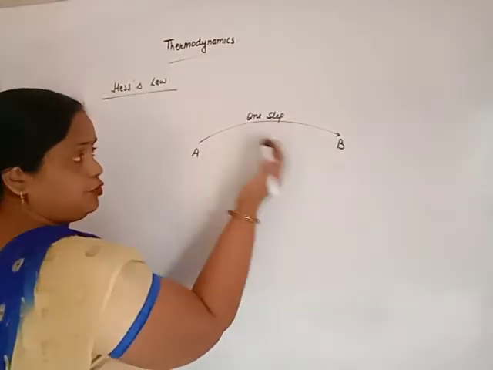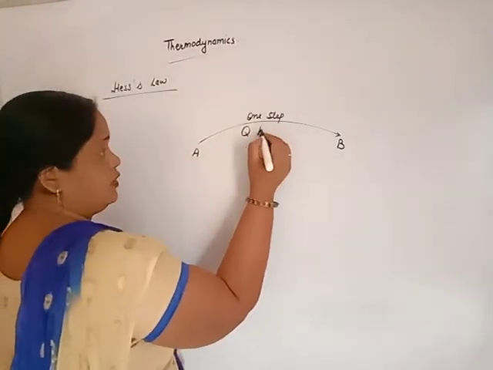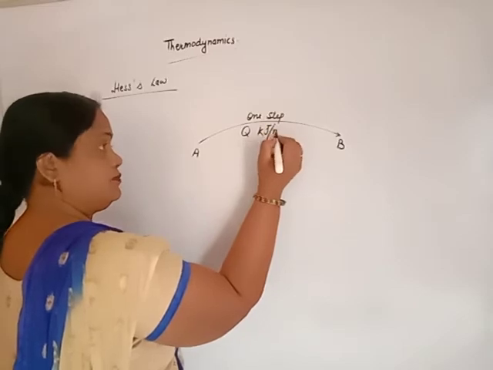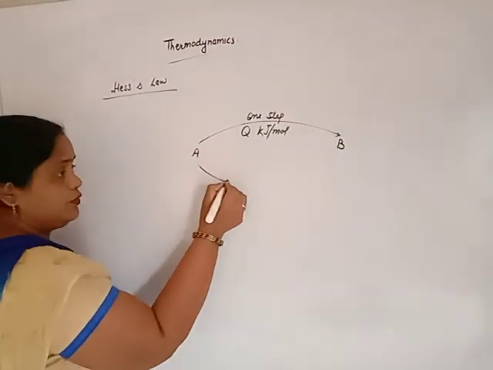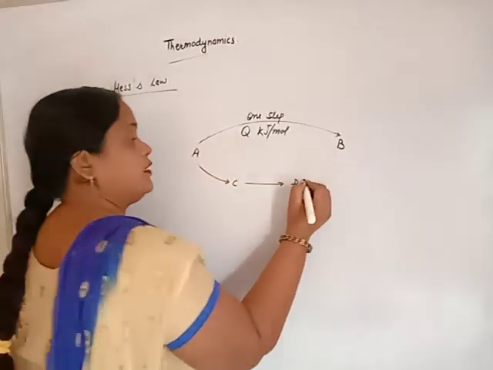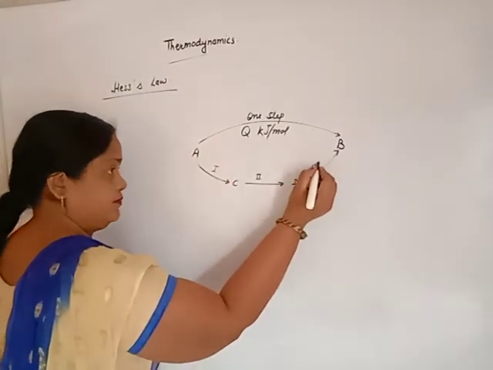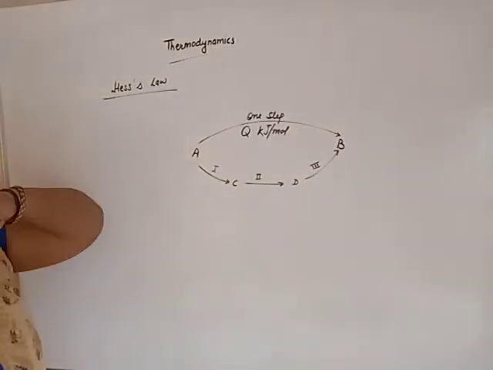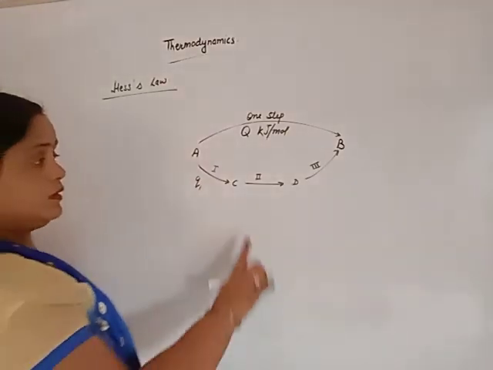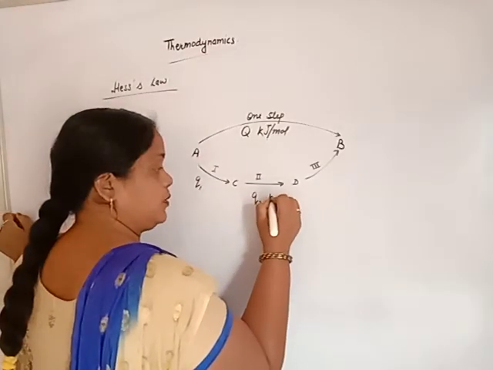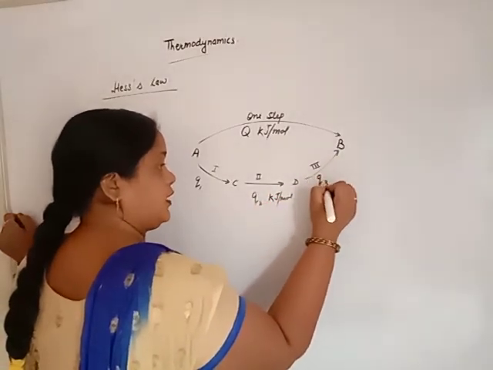The amount of energy change is Q kilojoule per mole. If A changes into C, C into D, and D into B, in step 1, step 2, step 3, the enthalpy changes are Q1 kilojoule per mole for A to C, Q2 for C to D, and Q3 for D to B.